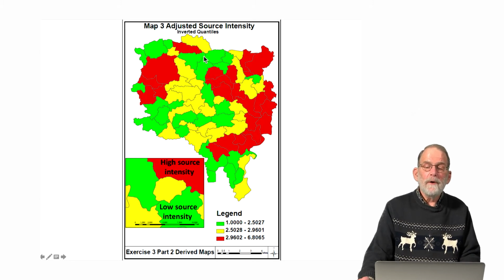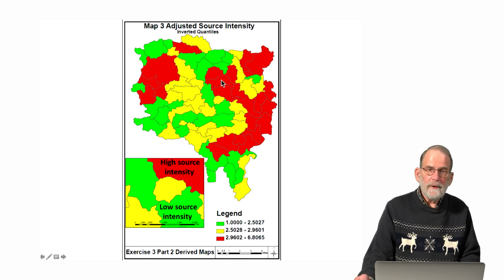And where we have areas with low urbanization, not much agriculture, more forested landscapes, we're going to have a low intensity of sources. So the red areas are high potential contaminant source generating areas. The green areas are potentially low contaminant source generating areas.